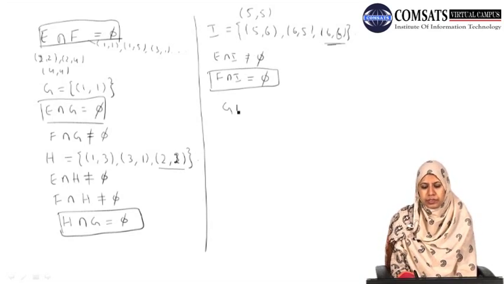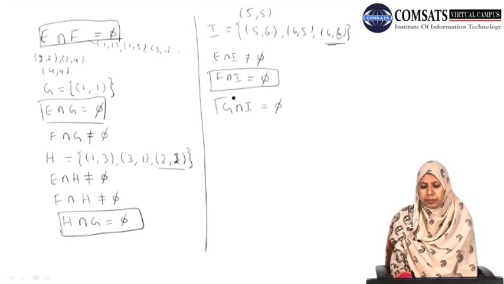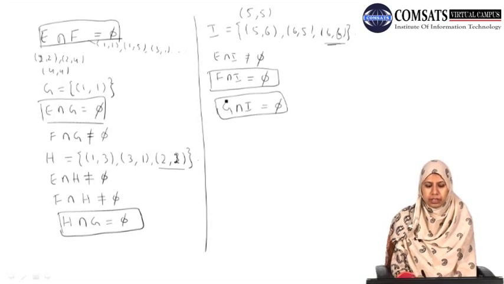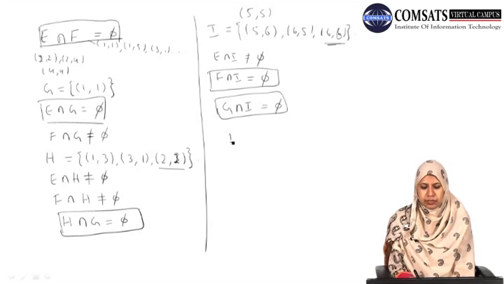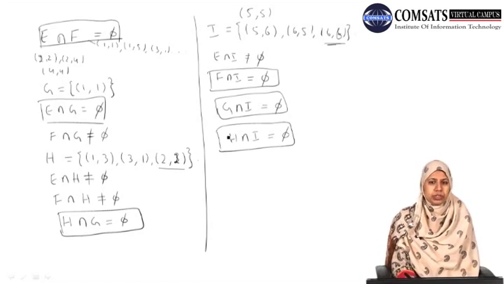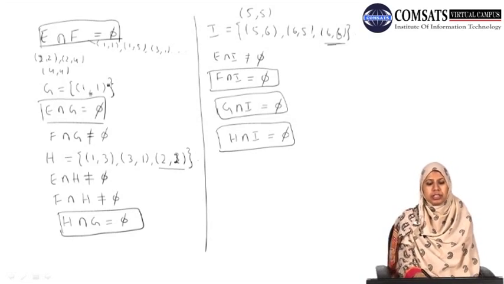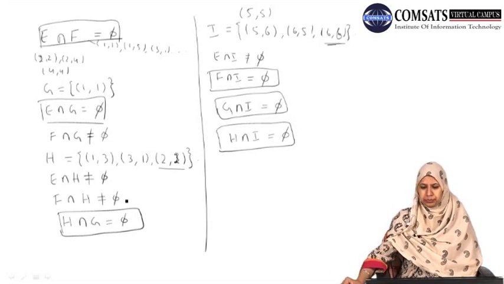The intersection of this event I with our event G is also empty, because these two events have nothing in common. The intersection of this event with event H also has nothing in common, so these are the possible events which are mutually exclusive, and the rest of the events are not mutually exclusive with each other.